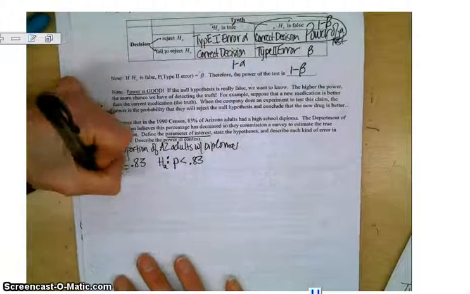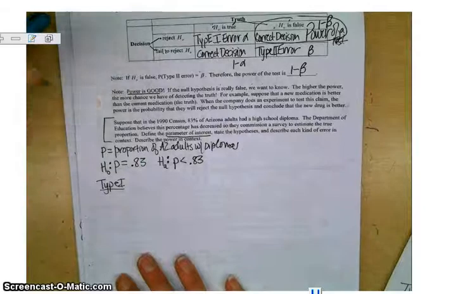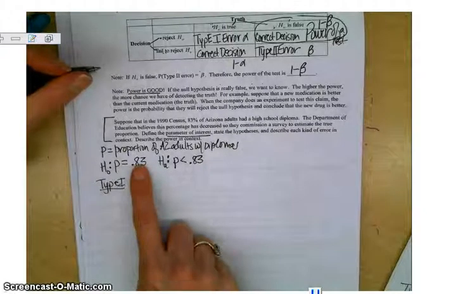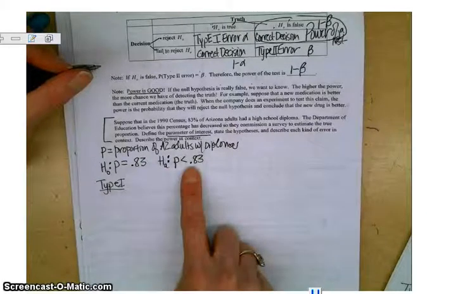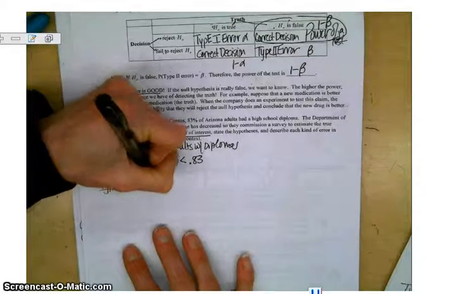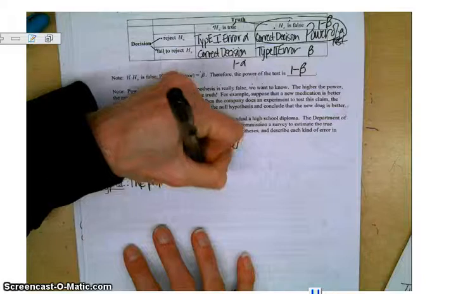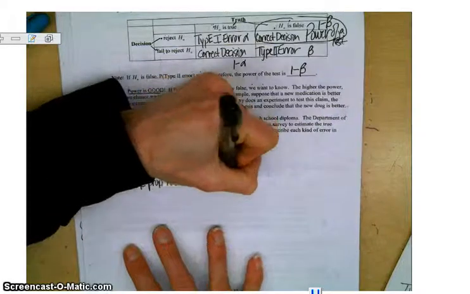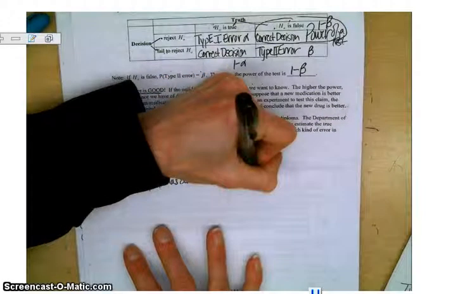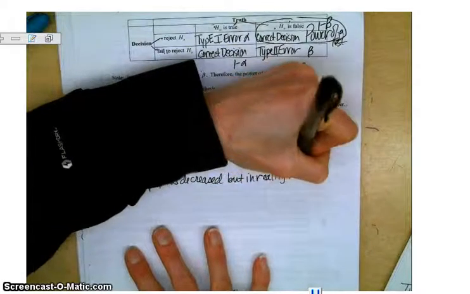So now, what is a type 1 error? So type 1 error is rejecting the null when it's true. So I reject that. So what do I decide? It has gone down. Okay, so the proportion has decreased, but in reality, it has not decreased.